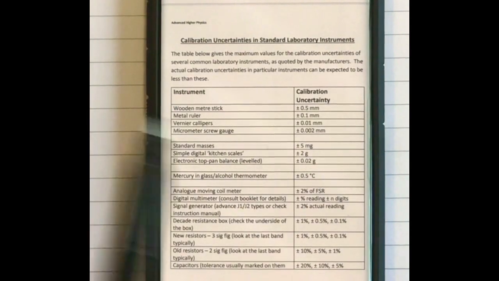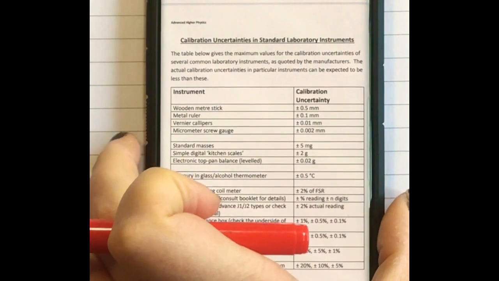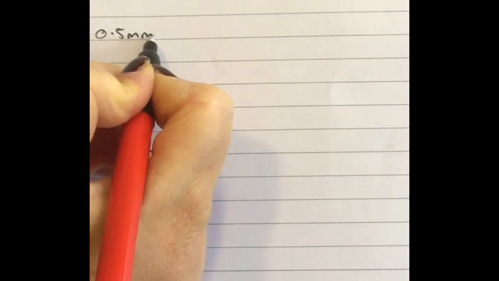A wooden meter stick has a calibration uncertainty of 0.5 millimeters. I'm just going to pop that underneath. I'm going to say that delta C here was 0.5 millimeters. That's 0.5 times 10 to the minus 3 meters.